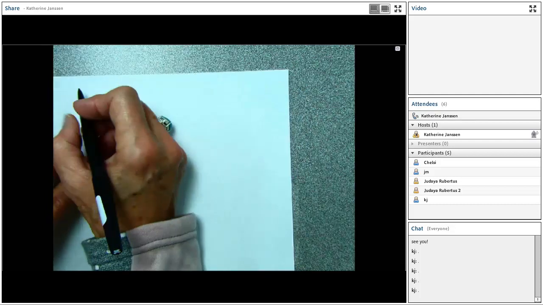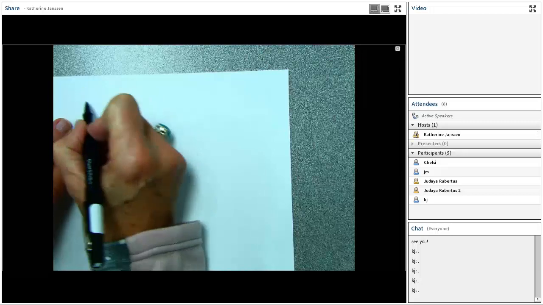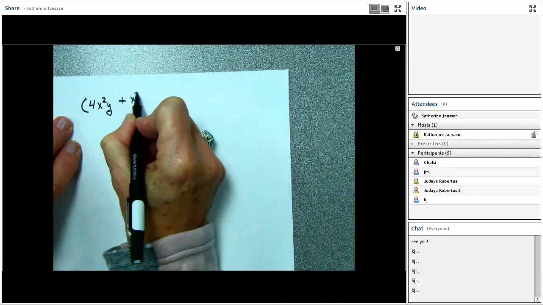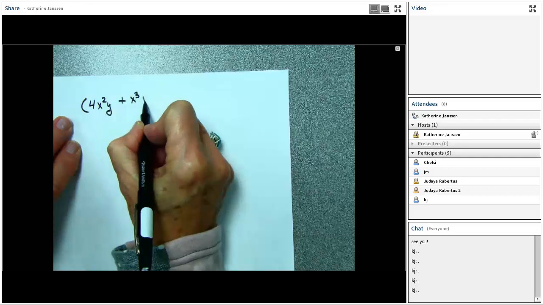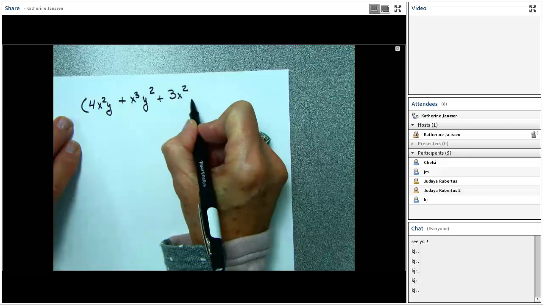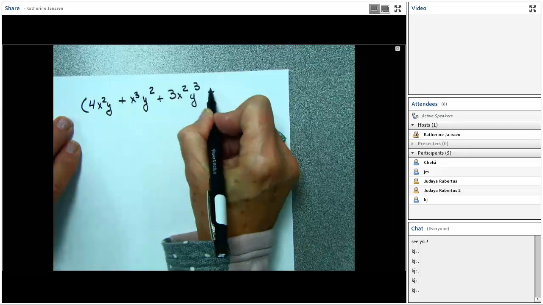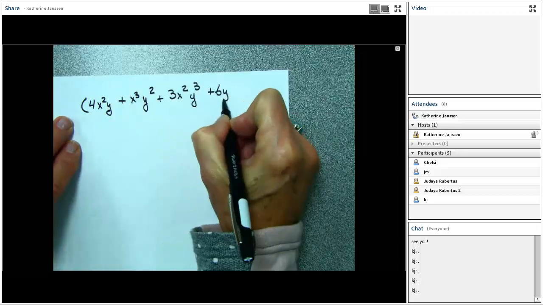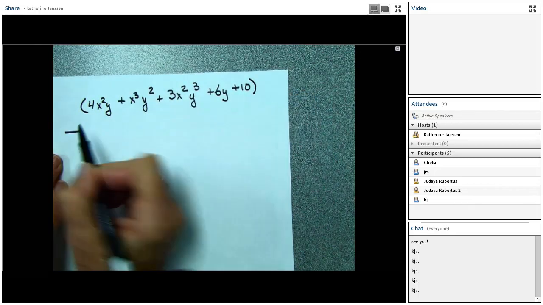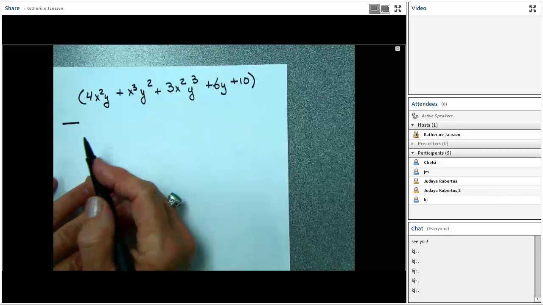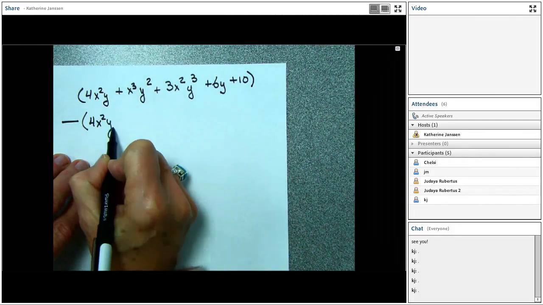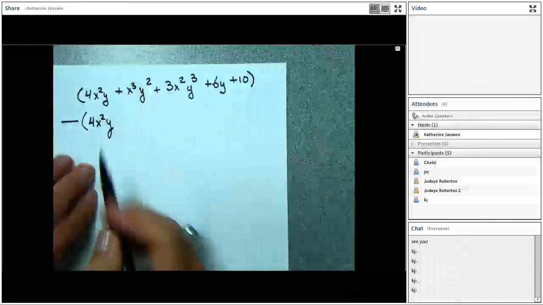Subtracting polynomials with multiple variables. 4x squared y plus x cubed y squared plus 3x squared y cubed plus 6y plus 10. And we're supposed to subtract 4x squared y. I'm columnizing now.